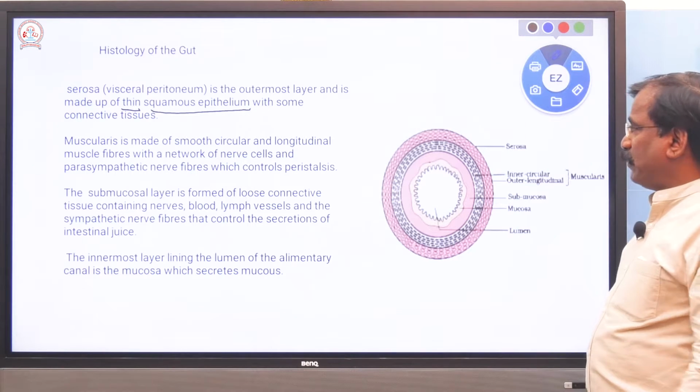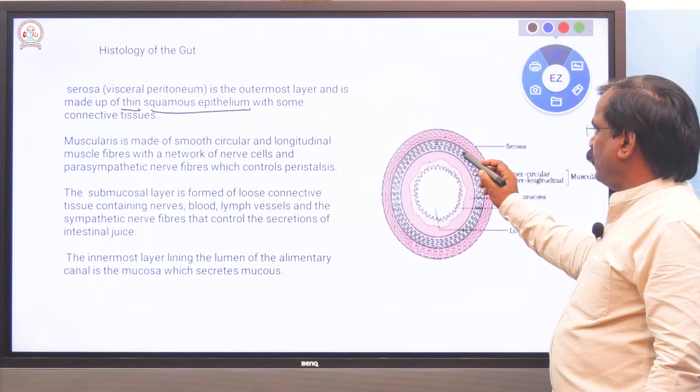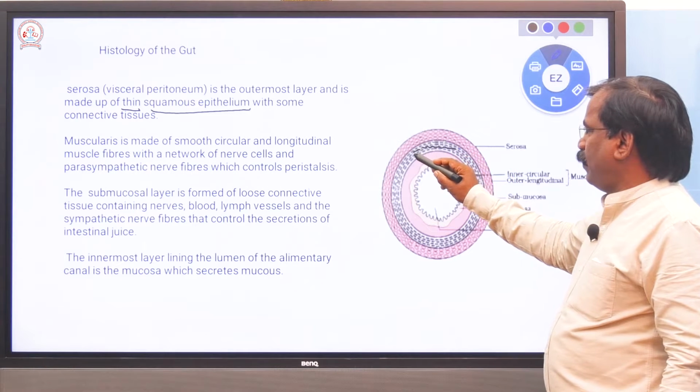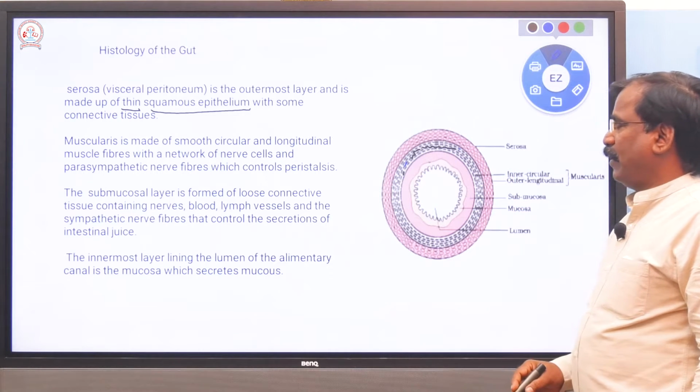Then next to the serosa is the muscularis.